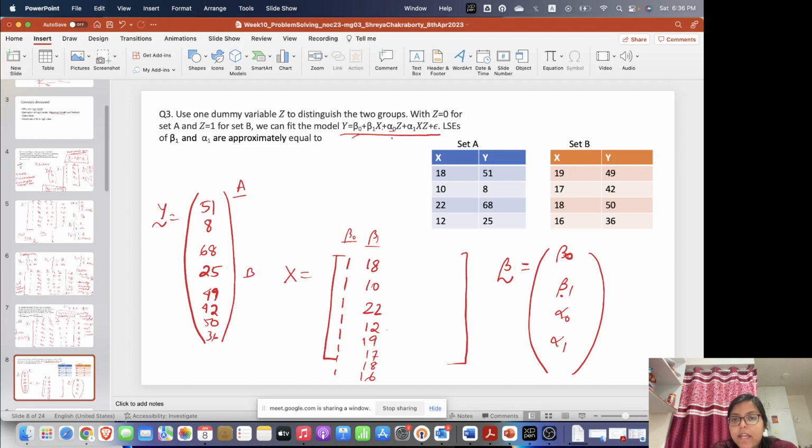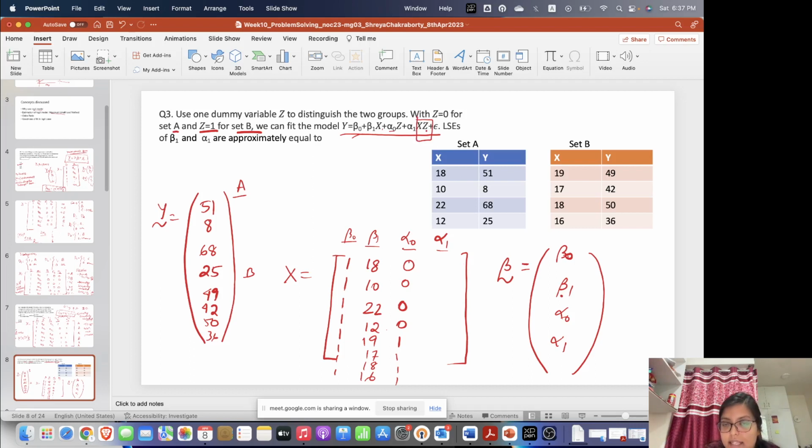Okay. Then I would have the column for alpha naught. So then we have to code Z. So here Z will be 1 for set B and Z will be 0 for set A. So I have written A at first. So we would have 0, 0, 0, 0, 1, 1, 1, 1. Okay. And the next column will be corresponding to alpha 1. What is the coefficient of alpha 1?